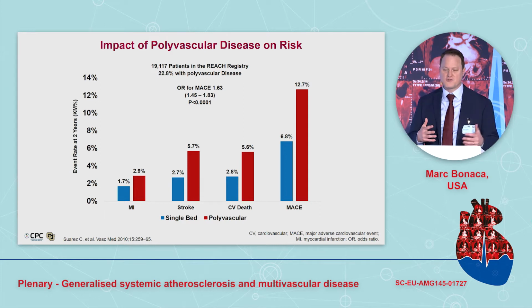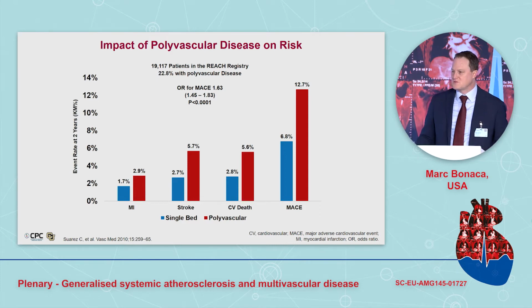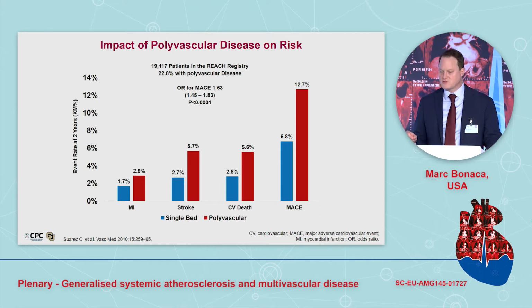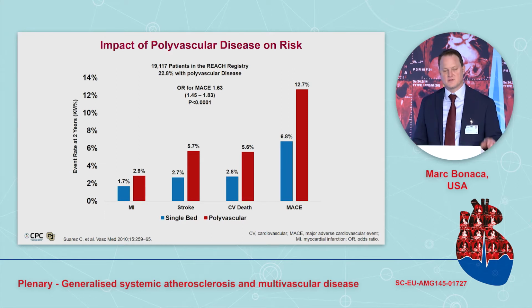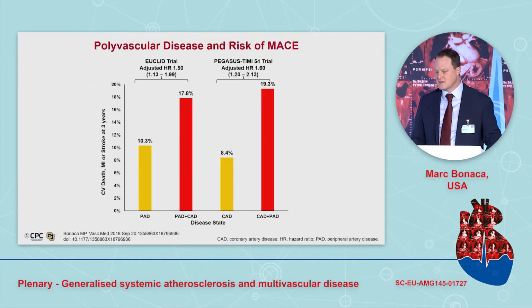If you have it in one territory, it's everywhere. So in some ways, this is counterintuitive, but the fact that people may have more severe disease or symptomatic disease actually is a potent marker, even after you adjust for other risk factors. And here, whether you're looking at MI, stroke, cardiovascular death, or a composite, there's about a 60% excess in those who manifest symptoms in multiple territories.